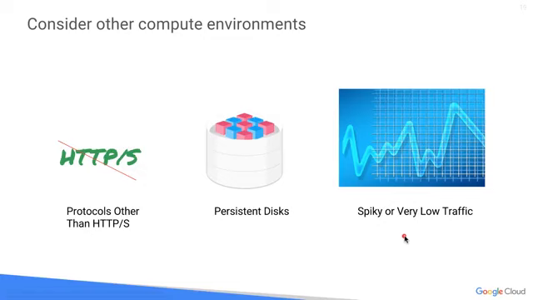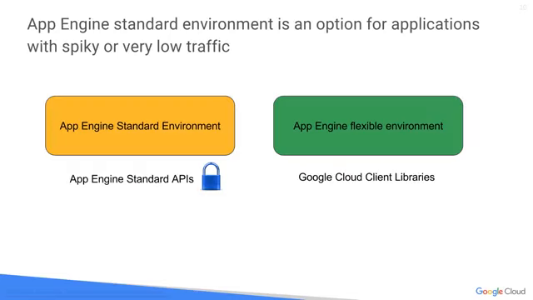Currently, App Engine Flexible Environment is not ideal for applications with spiky or very low traffic. At least 2 instances are running at all times to serve traffic. App Engine has another flavor called the App Engine Standard Environment. If you do have applications that have spiky or very low traffic, App Engine Standard Environment may be an option for you.